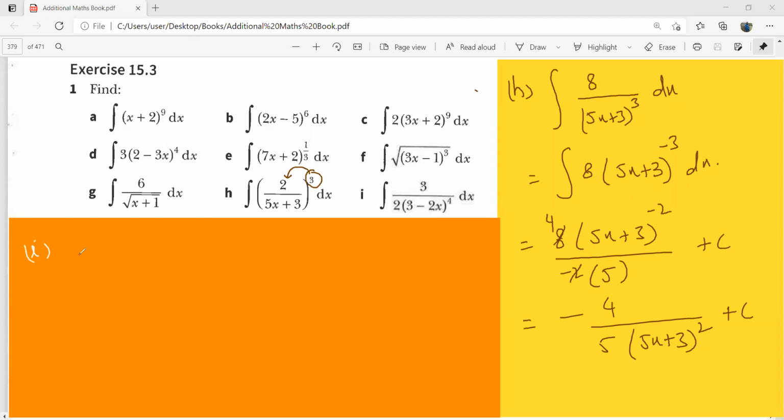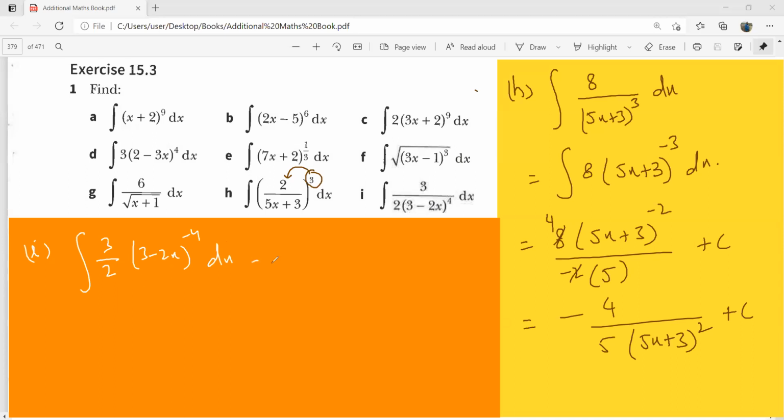I will first of all write it as 3 over 2 into 3 minus 2x raised to power minus 4. Sometimes children move this 2 into the numerator as well. There's no need to move this 2. Let this 2 be there.